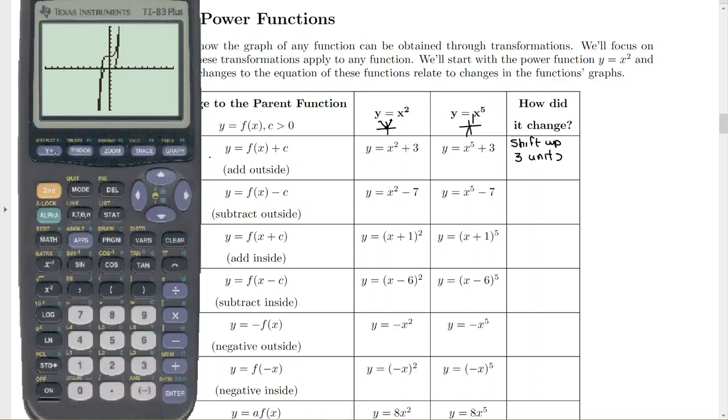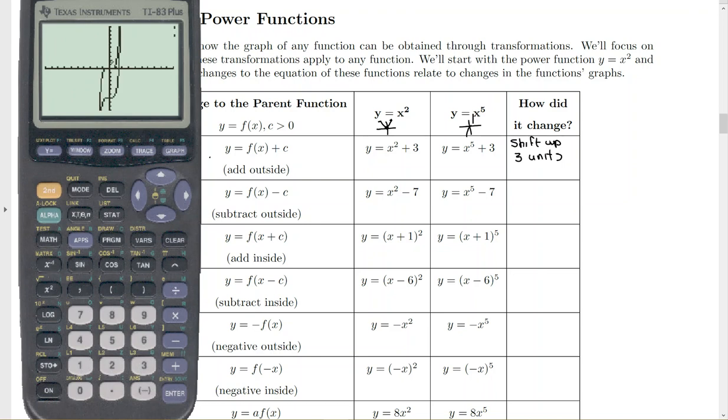So if I come back in here, do a little editing, and do a -7, for example. I'm going to do the x to the fifth first, and x to the fifth -7. So there goes my original power function.